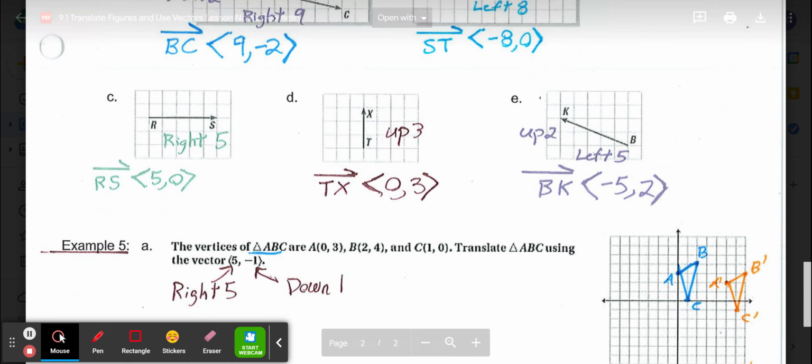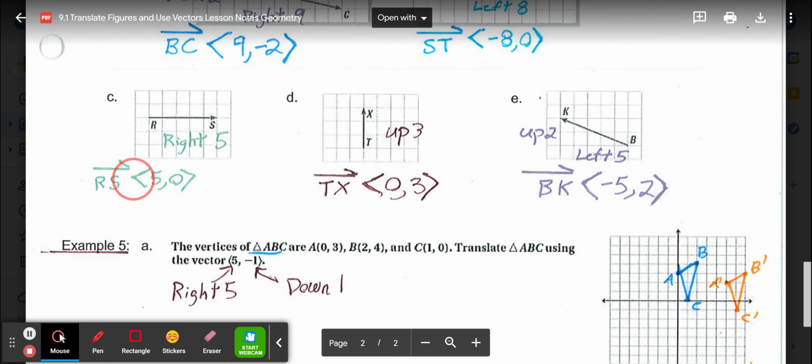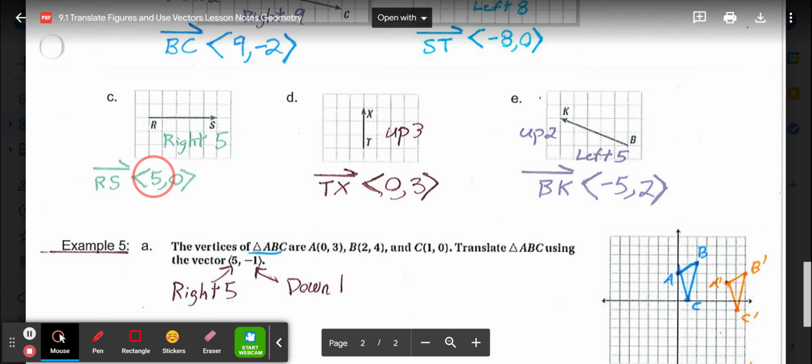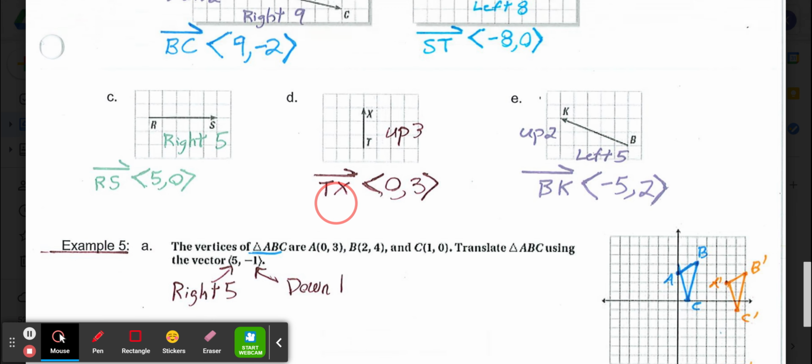In C, we have vector RS. So vector RS is moving right 5, up or down 0. So in component notation, it would be <5, 0>. In D, we have vector TX, which is going up 3, no left or right movement. So in that case, it would be <0, 3>.